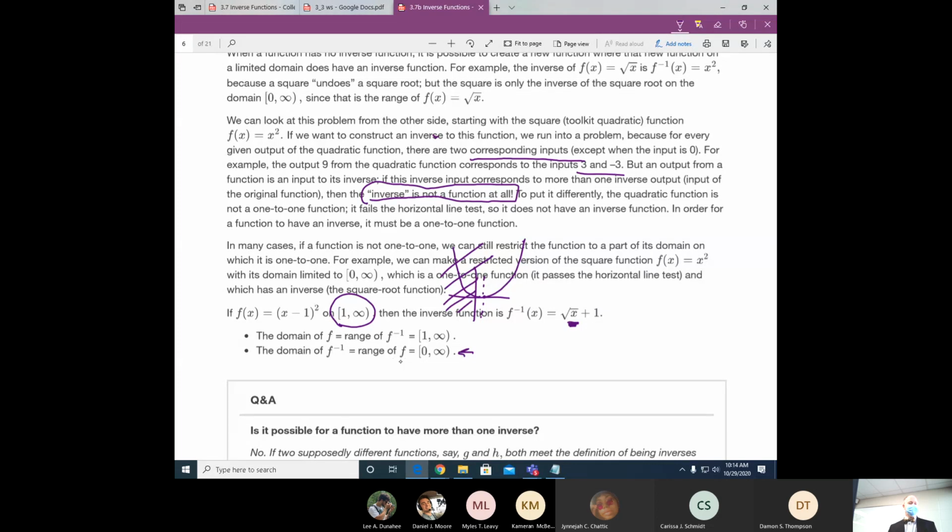That becomes the range of f, which gives me the valid domain of the original f. The domain of f inverse is the range of f. So 1 to infinity is the range this will have. That becomes the domain into the inverse function. The output of f is the input of inverse f.